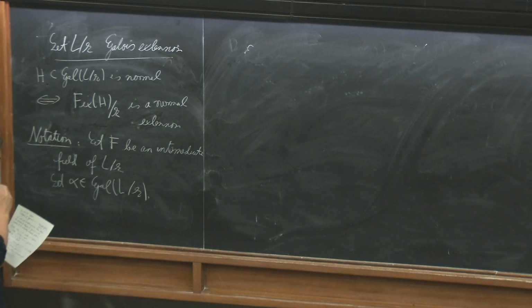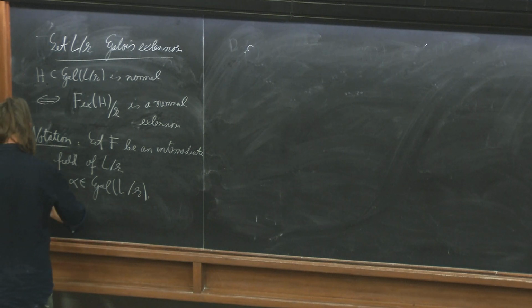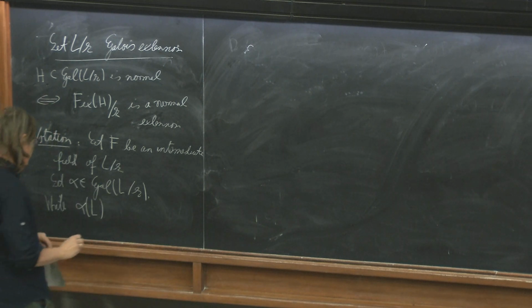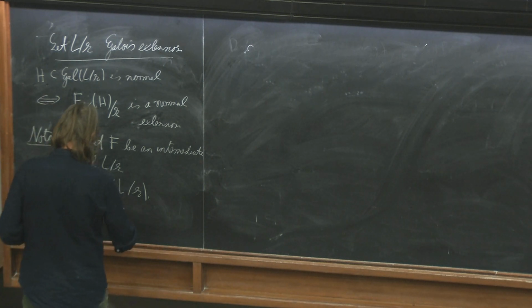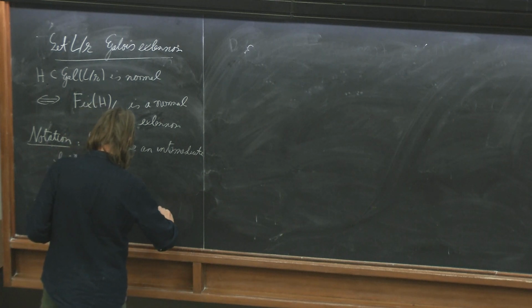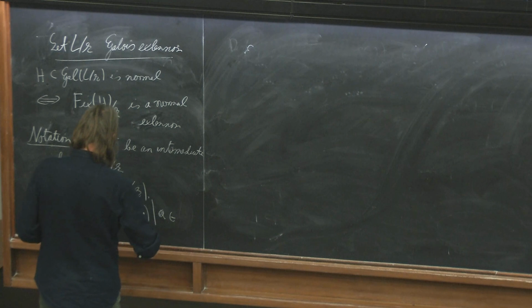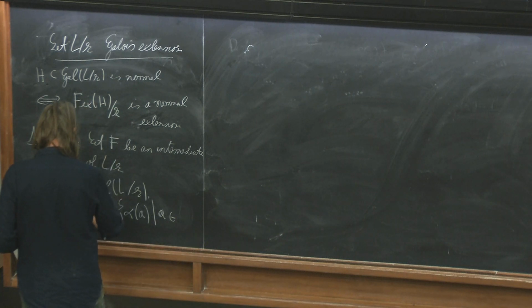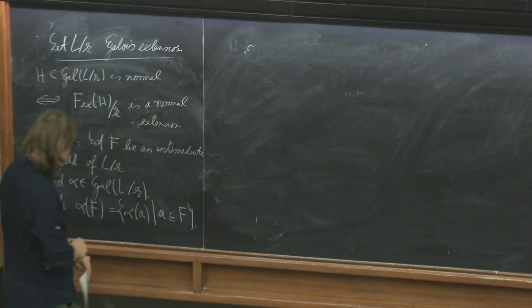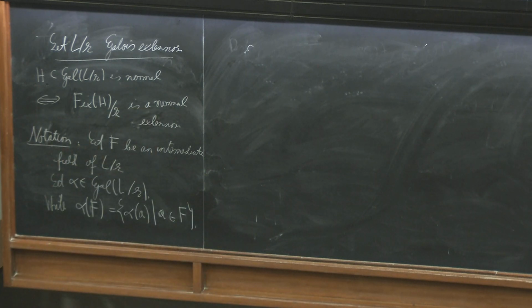So we can look at the following. We write alpha of F. Well, this is just the set of all alpha of A with A in F. Okay.